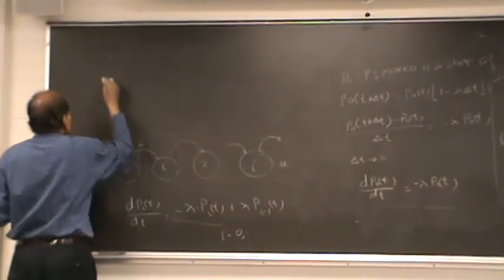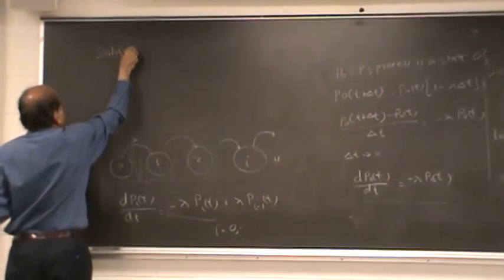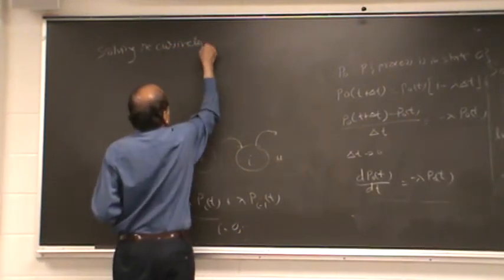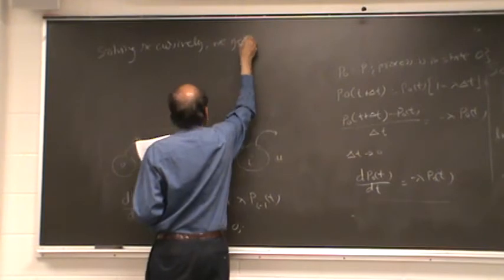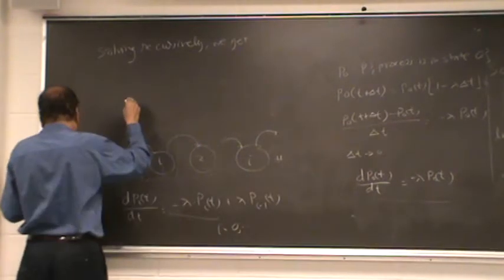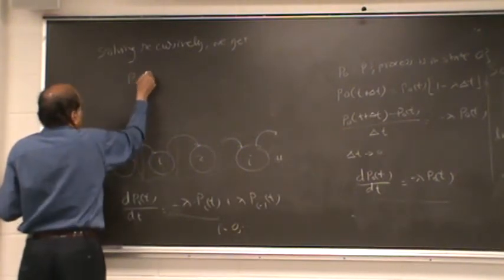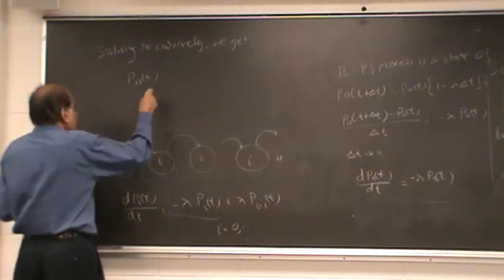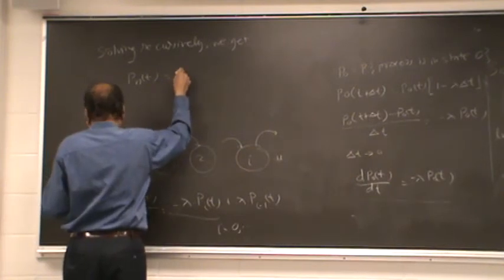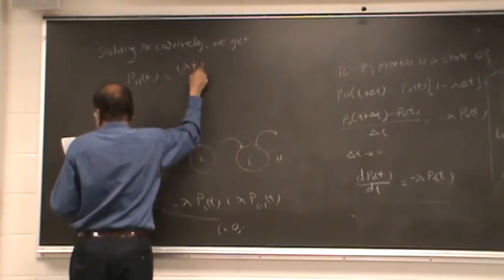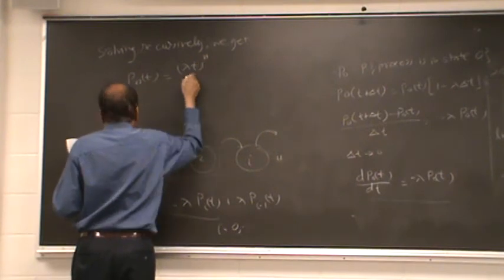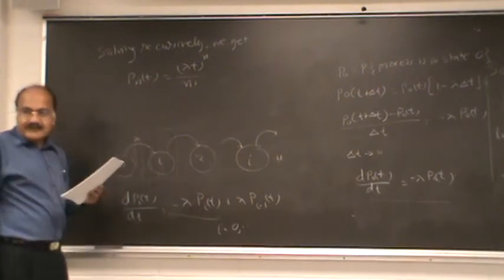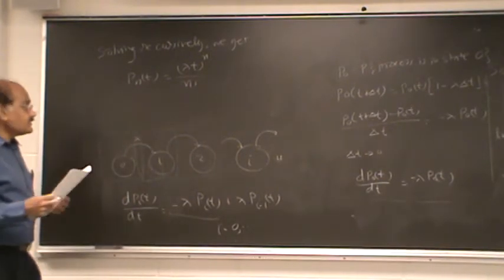We get the probability of being in some state, let's call it n, is given by, now you can verify that this is indeed correct fairly easily, but just to save time I'm going to skip the calculation, but you can easily do that calculation.